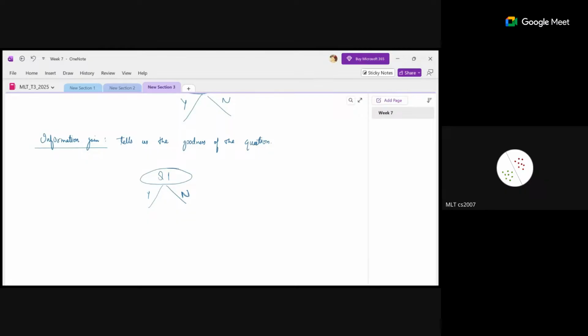So you would want that everything that came to the yes part and everything that comes to the no part are actually pure, right? You would want the purity. When I say purity, it means all the labels here are the same and all the labels here are the same, right?